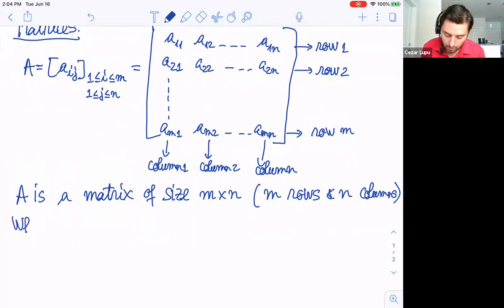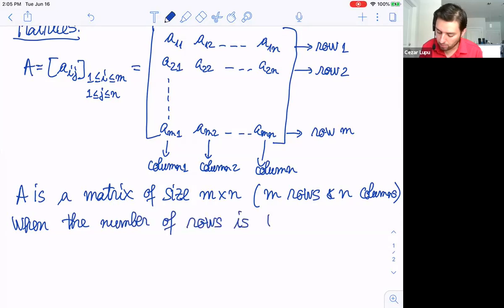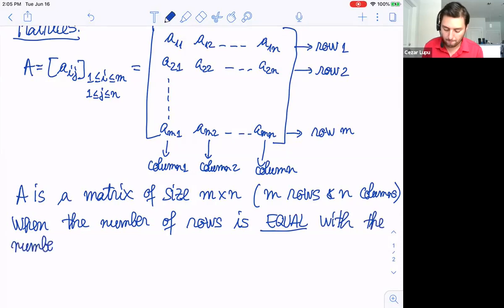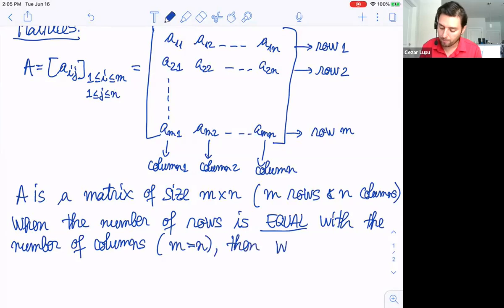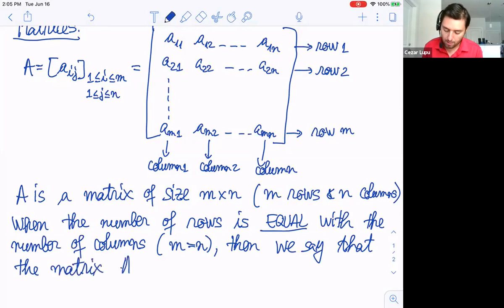When the number of rows is equal to the number of columns, in other words, when m equals n, then we say that the matrix A is a square matrix.